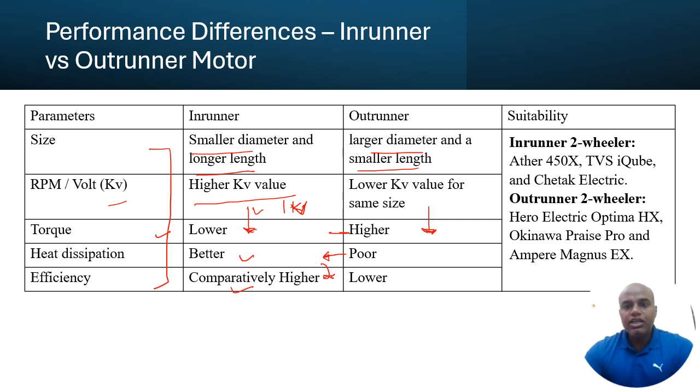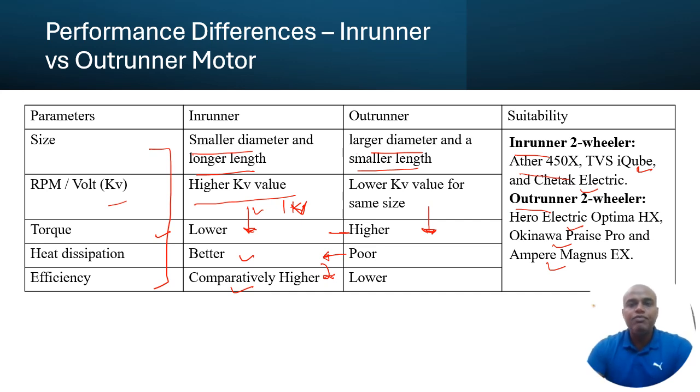As I've stated earlier, both motors find application in two-wheelers and three-wheelers. Here I have taken some examples. Models like Ather 450X, TVS iQube, and Chetak Electric use the in-runner BLDC motor, whereas the Hero Electric Optima, Okinawa Praise, and Ampere Magnus EX use the outrunner motor.